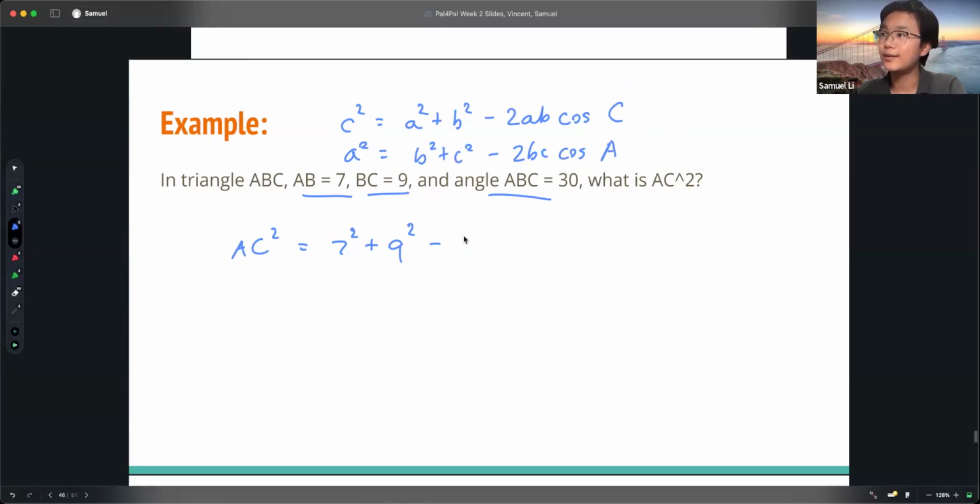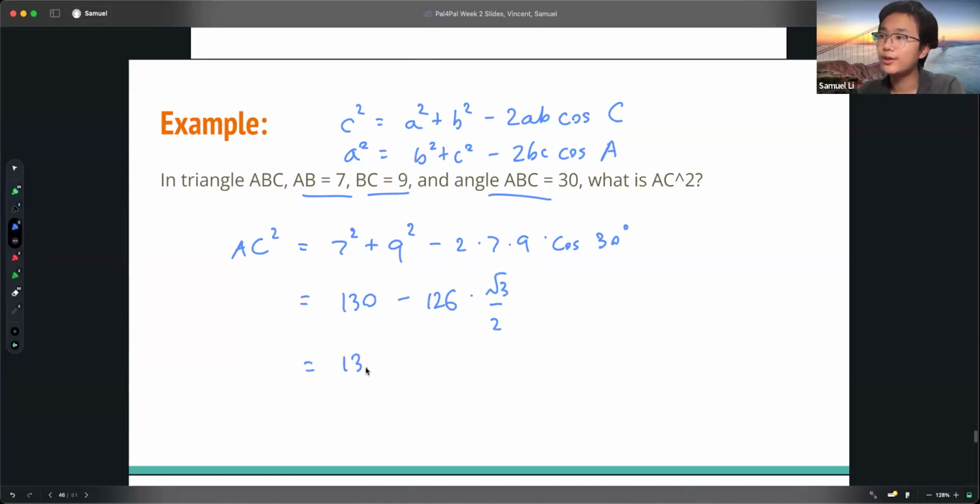So in this case right here, we know that angle B is 30 degrees. So applying law of cosines, you get 7 squared plus 9 squared minus 2 times 7 times 9 times cosine of 30 degrees. So that is equal to AC squared. So let's compute this. 49 plus 81, that's 130. And then minus, let's see, that's 126 times root 3 over 2.